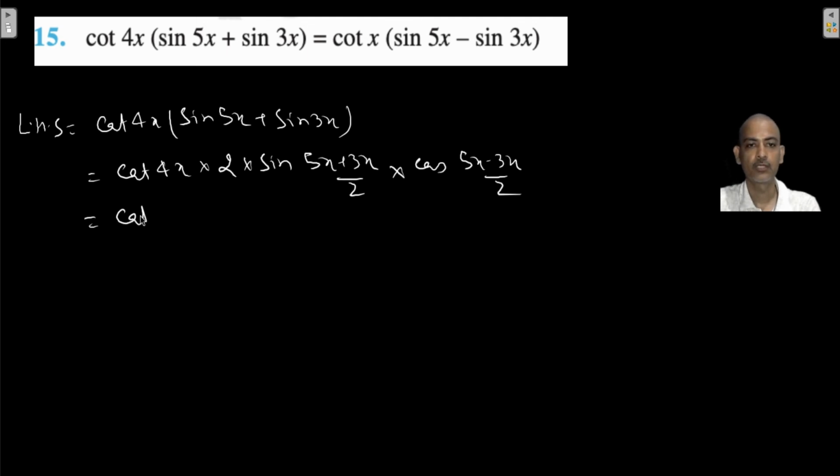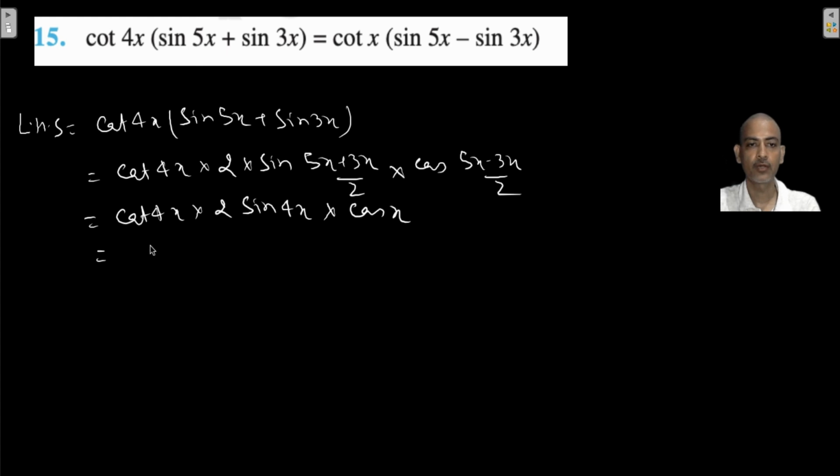Now this is cot of 4x into 2 of sine of 8x by 2, which is nothing but 4x, into cos of 2x by 2, which is cos x.